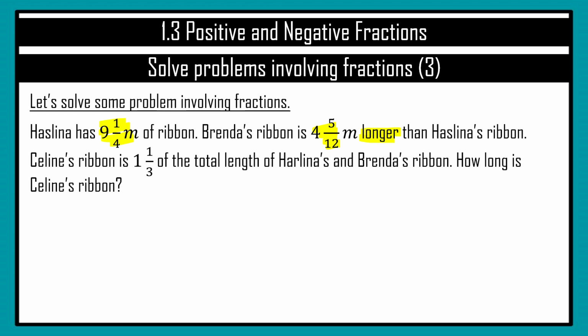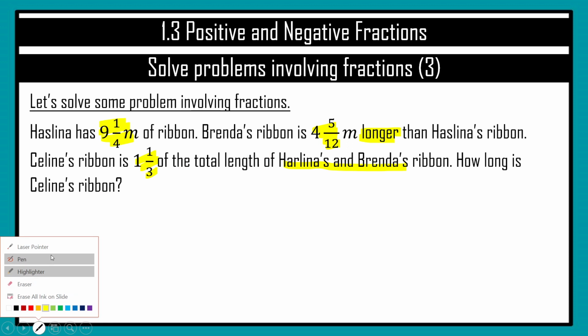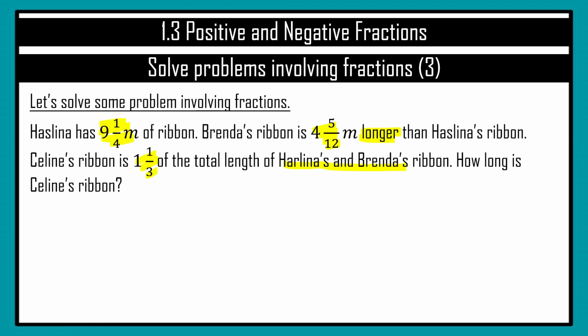So we need to add on top of Haslina's. Then the third person, Celine, the ribbon is 1 1/3 of the total length of both of them added together. So how long is Celine's ribbon? We have a few processes to do. First, we need to know how long is Brenda's ribbon.